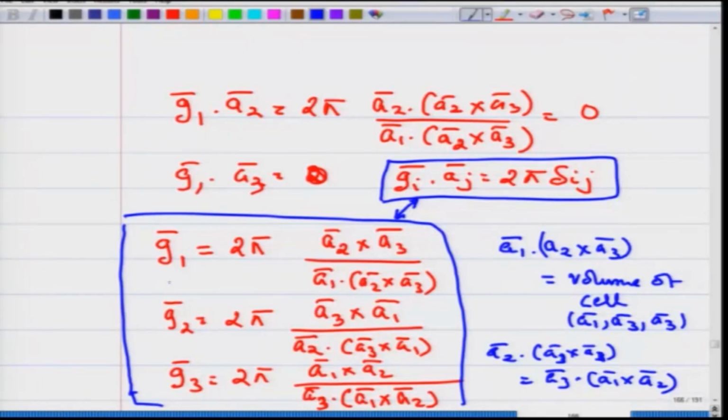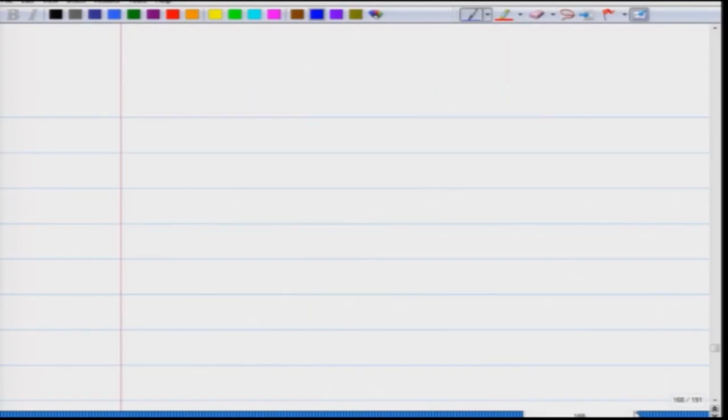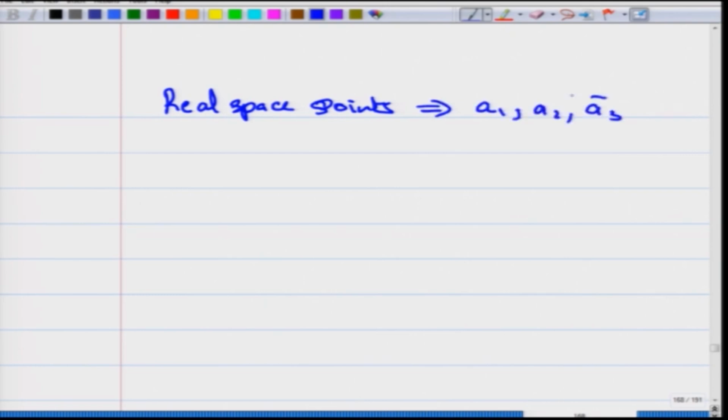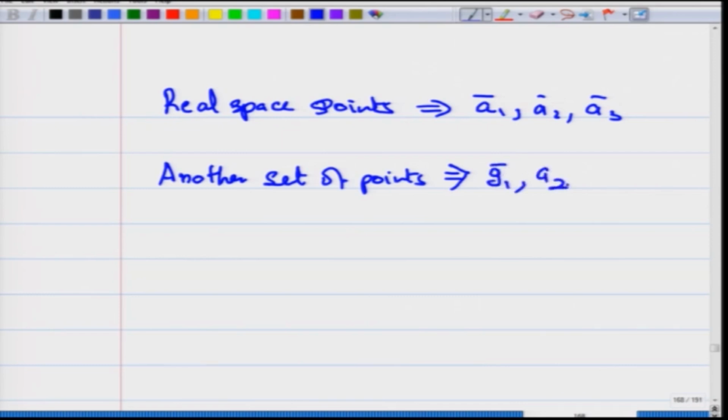The points which are generated, so I have said that you have a set of real space points which are generated with A1, A2 and A3, and you can generate another set of points which are G1, G2 and G3.